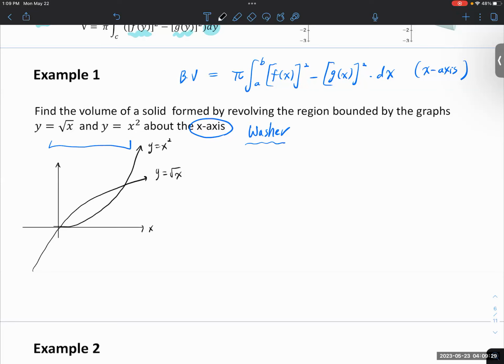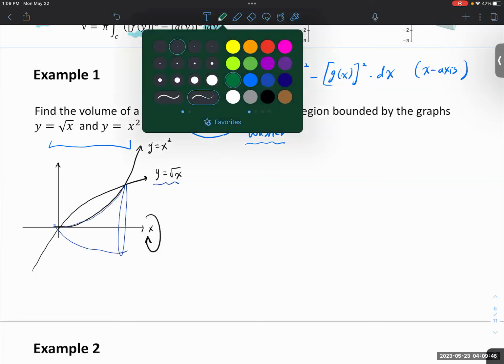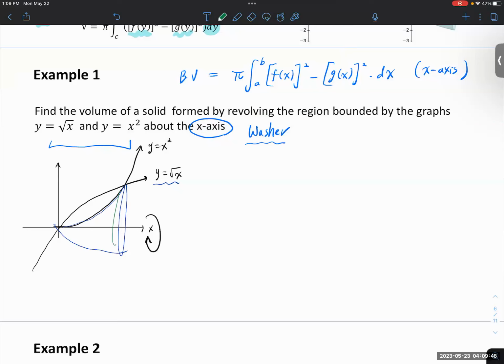You have these two functions and rotate them about the x-axis. The large one, if you rotate it, is going to be something like that, and if you rotate this one, it's going to be something like here, a little bit smaller. And then we are looking for the region between the functions.